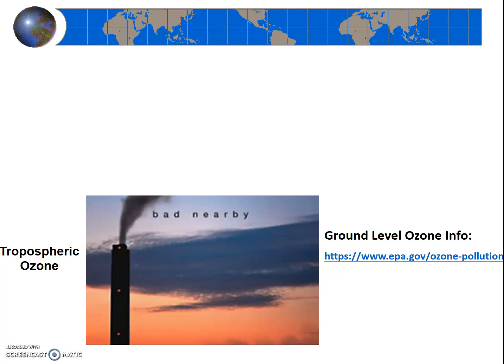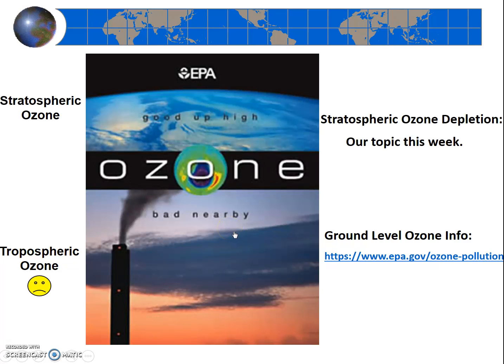Alrighty, so tropospheric ozone is an anthropogenic, that means human-created, pollutant, and it's bad for us down here in the troposphere. So bad nearby. On the other hand, up in the stratosphere, this is where the good ozone exists.